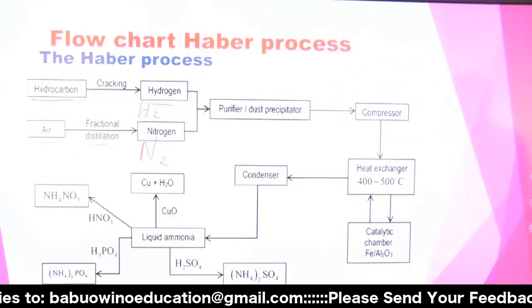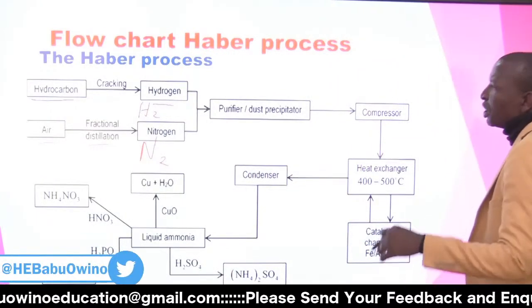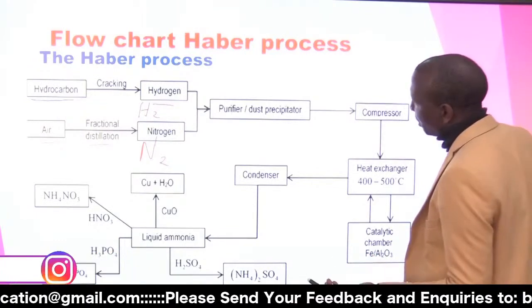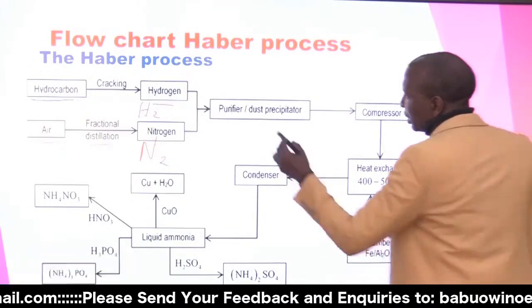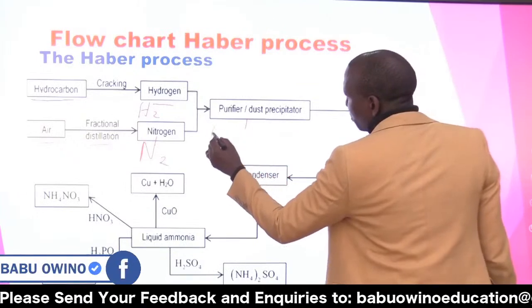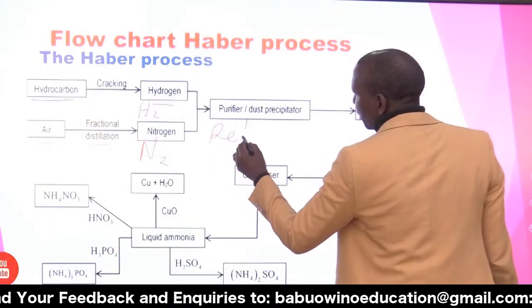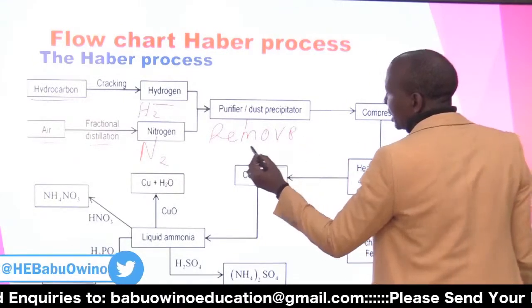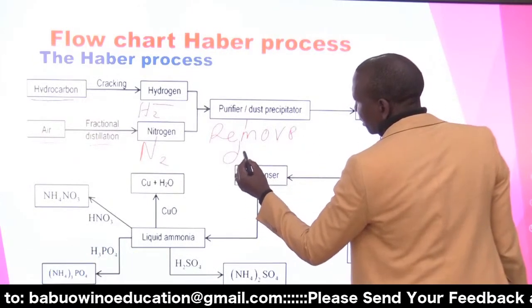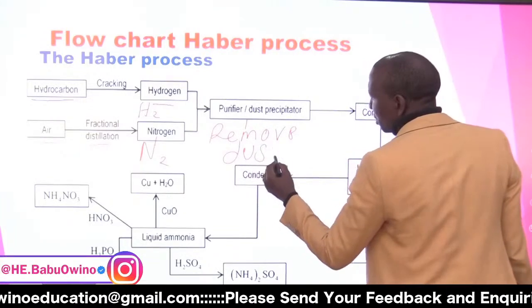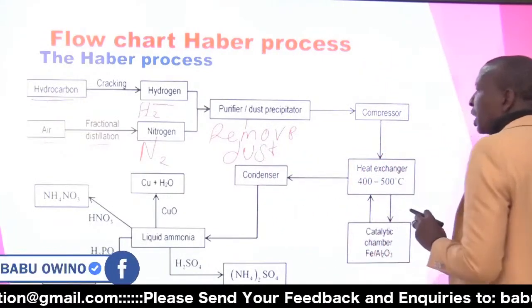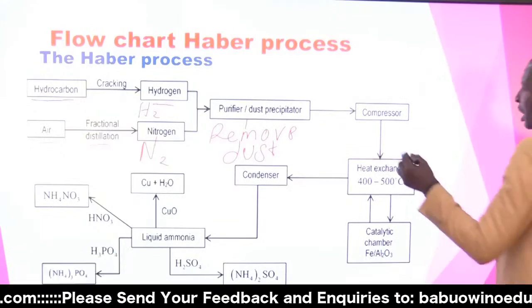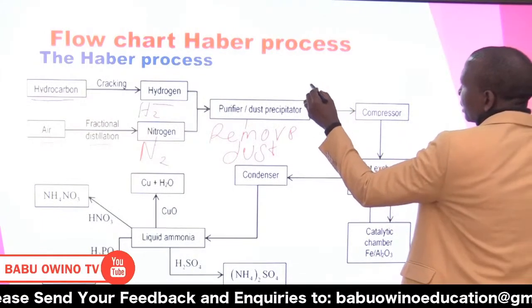Then we go to the purifier, which occurs in the dust precipitator. Here we remove dust particles. Once you remove the dust particles, we have the purified gases.